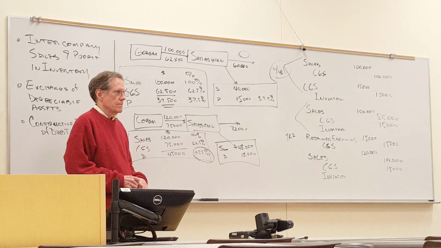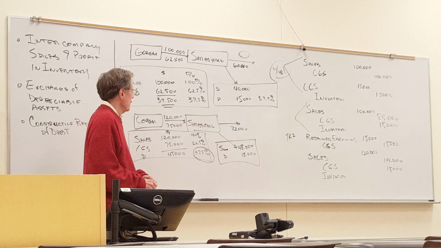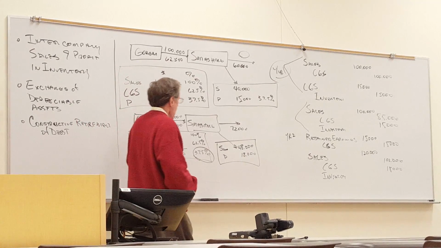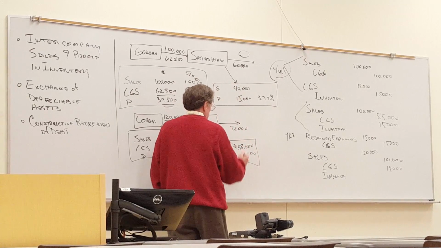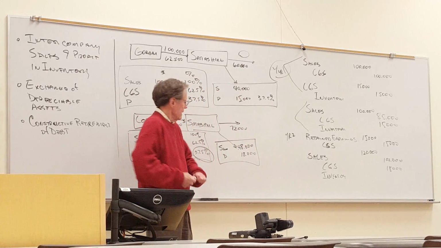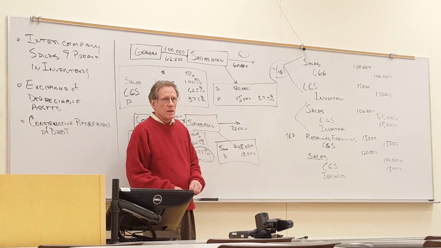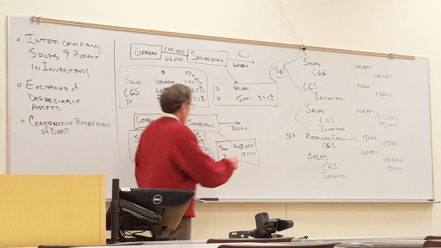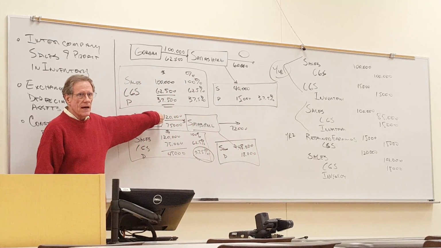Any questions? Yes. What did you do at that point where you had the 48 and the 18? I took the 37.5%, multiplied that times the 48,000, and that's the amount of profit that's in this. Because the 48,000 plus the 72,000 equals the 120,000 that they sold.